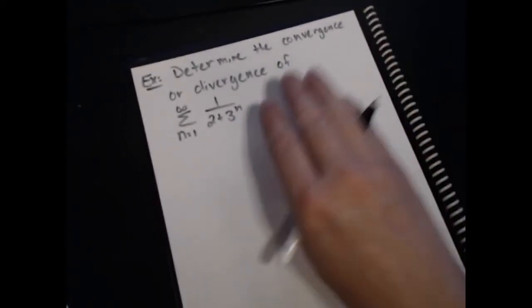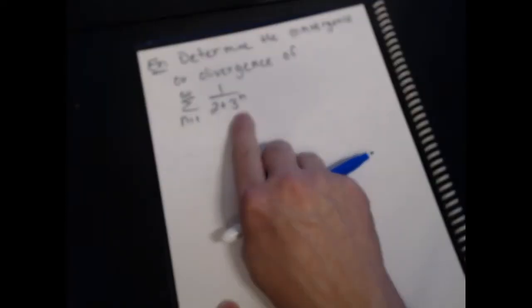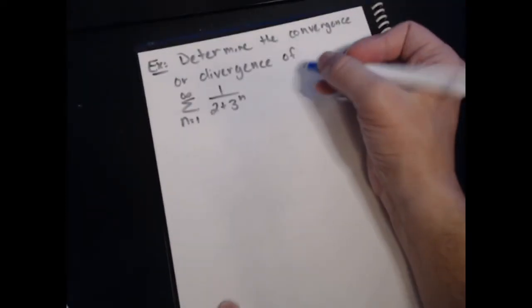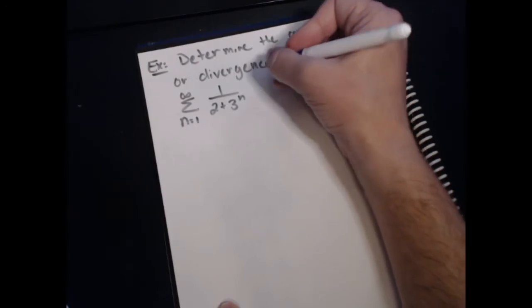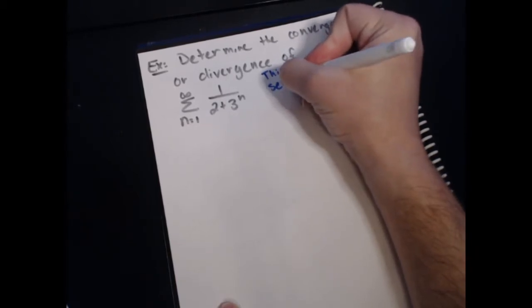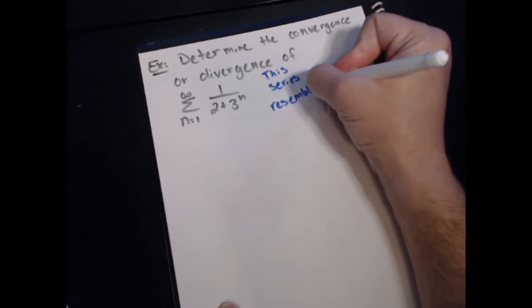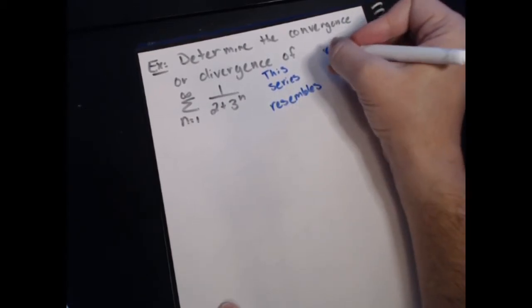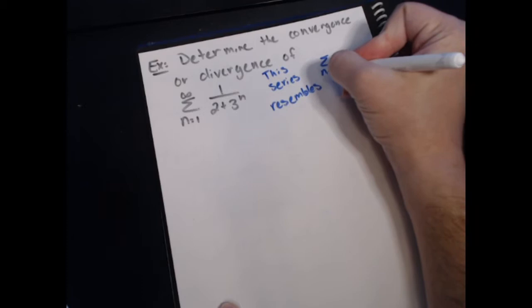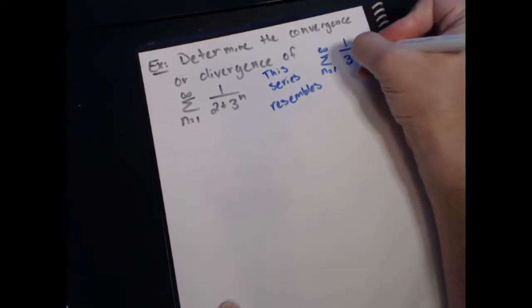When you have something like this, come on, focus up, Kummer. What you're going to do is split off the value here, and we're going to look at it as this series resembles the series of n equals 1 to infinity of 1 over 3 to the nth power.